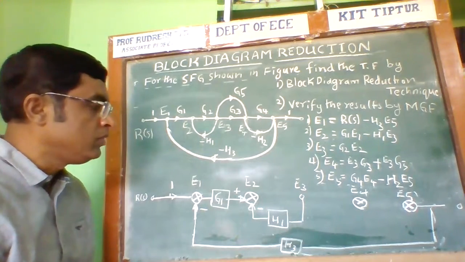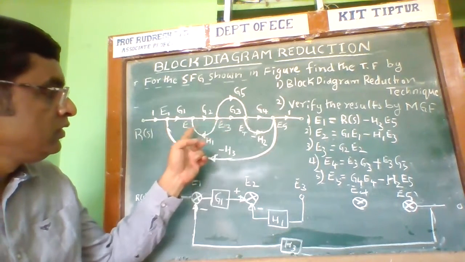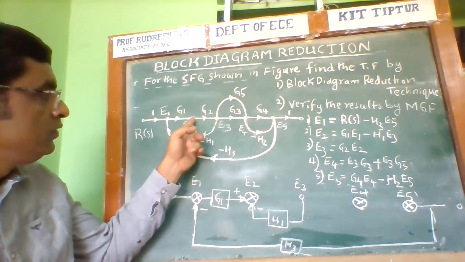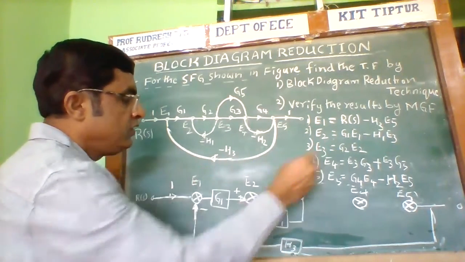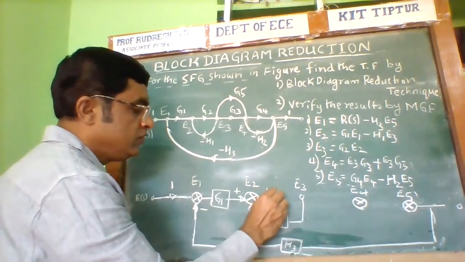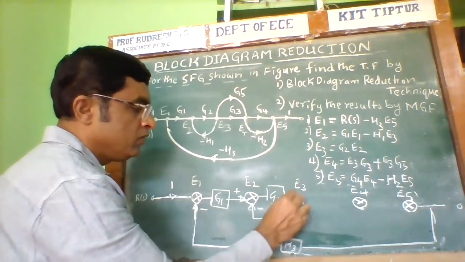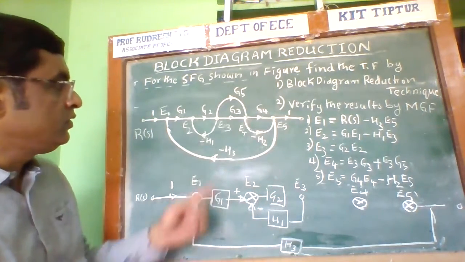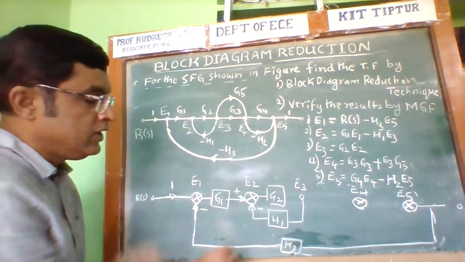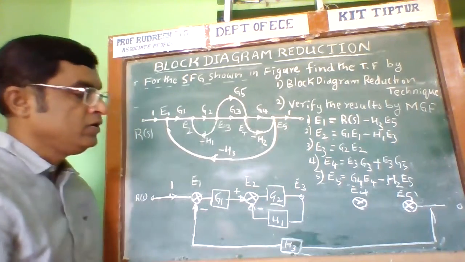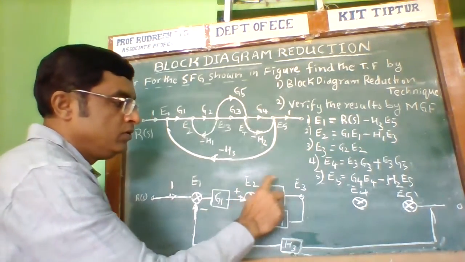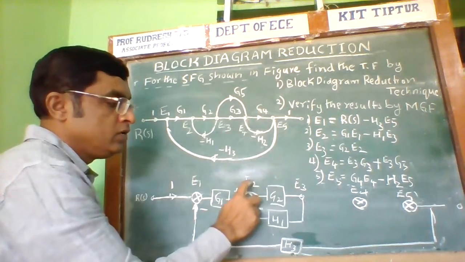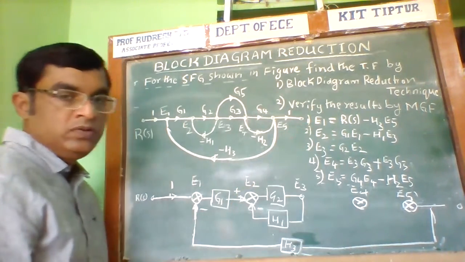Now, similarly, E3 is equal to what? E3 is equal to E2 into G2. G2 is placed here inside the block. Now this is over.